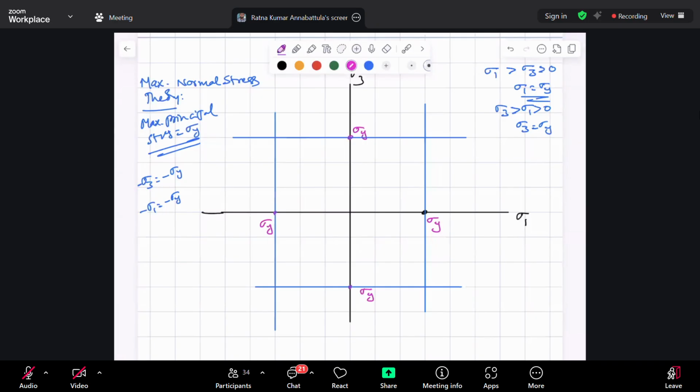So what would that failure surface be? That one, that one, that one, that one, isn't it?